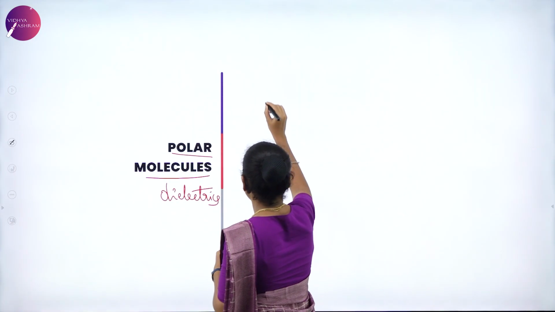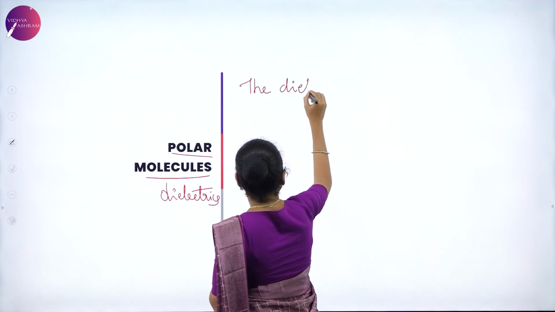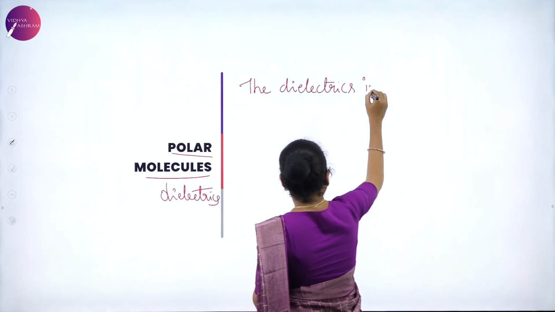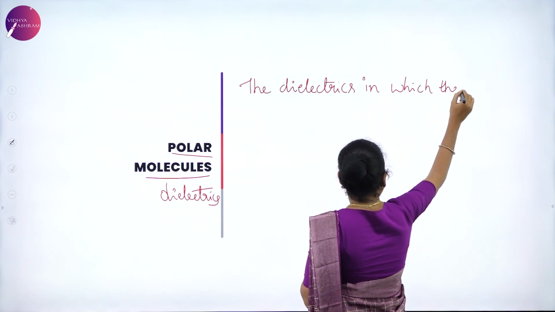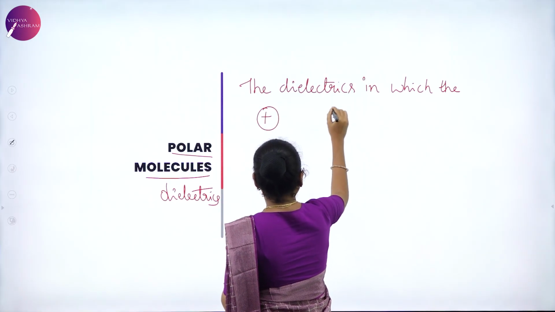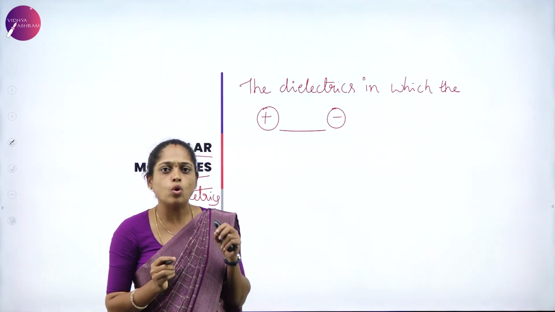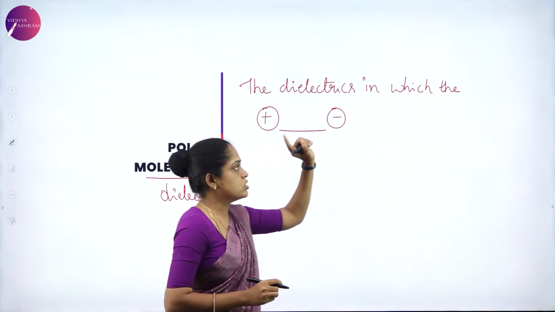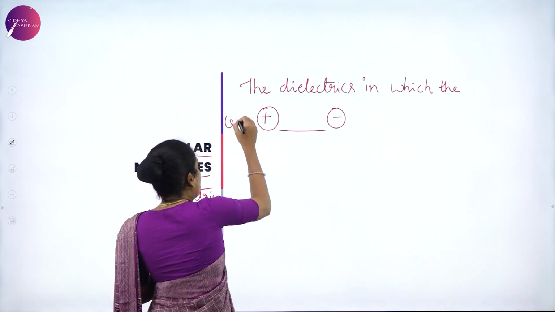The dielectrics in which the centers of positive charge and negative charge are separated, meaning they do not coincide.